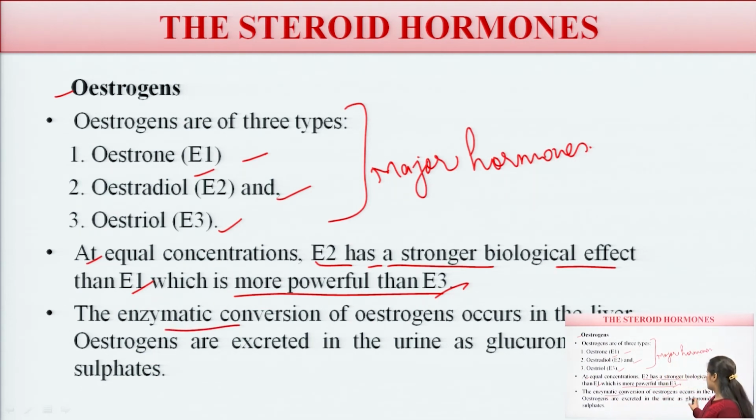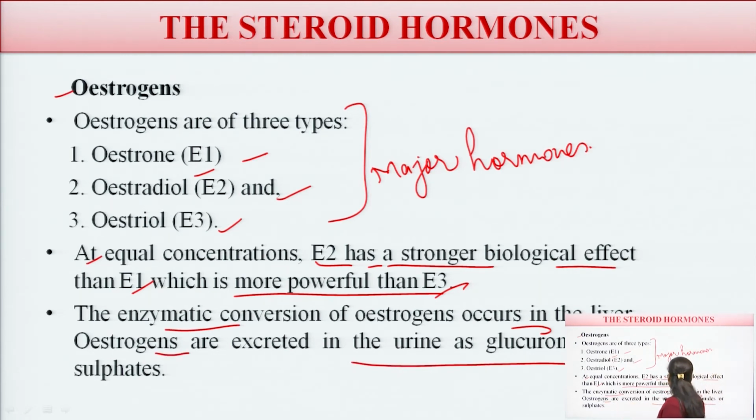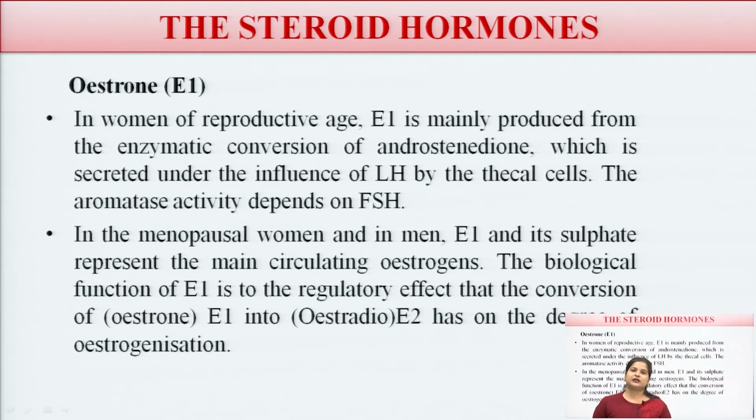The enzymatic conversion of the estrogens occurs in the liver. The estrogens are excreted in the urine as glucuronides or sulfates. So, during pregnancy or other testing, there is testing of the estrogen or progesterone levels, right?